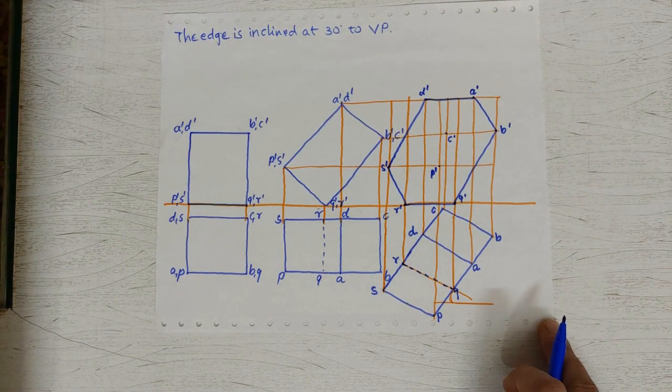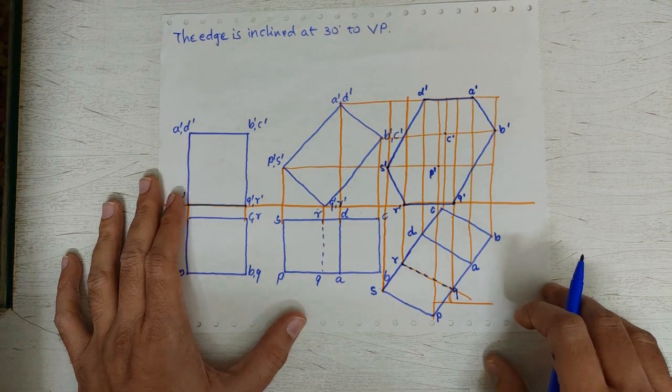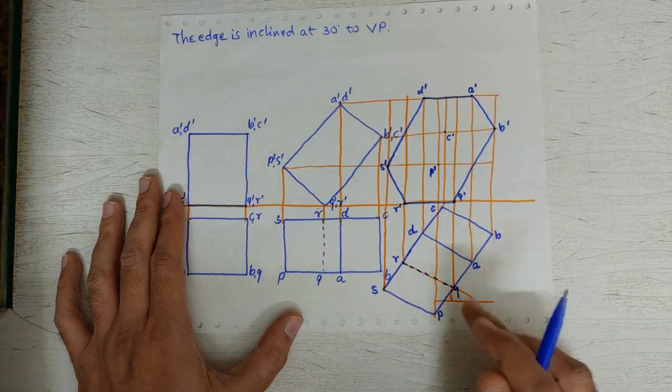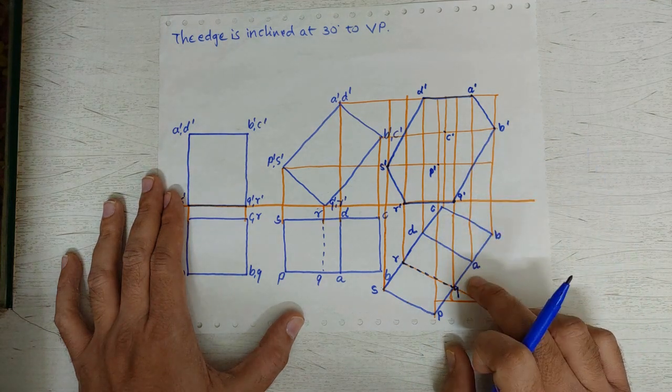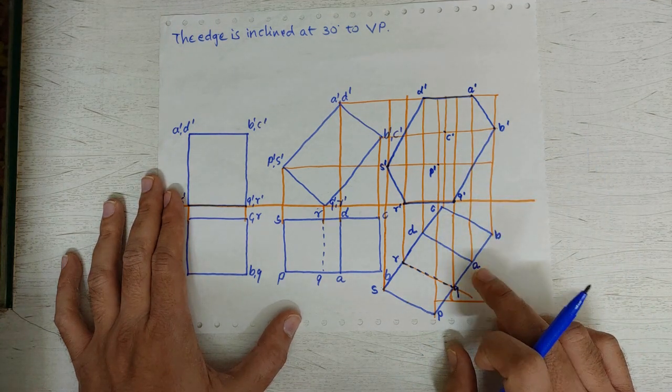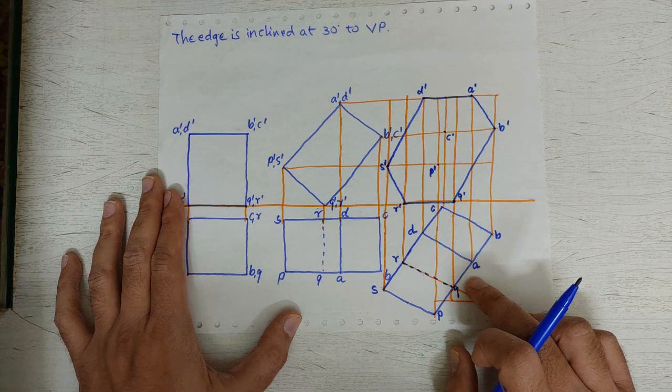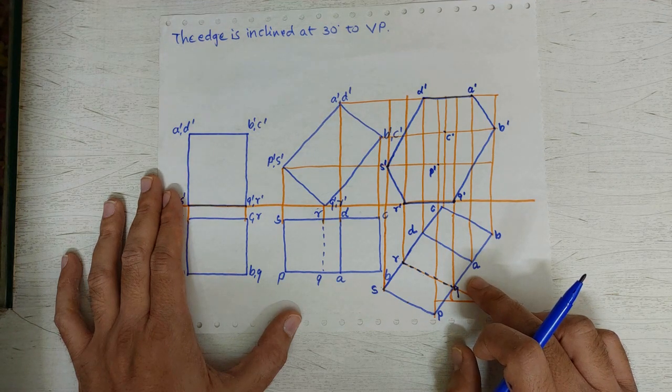Okay, now next what we need to see is the second clue. In this view, as we are obtaining this front view from this top view, we will see in this top view which is the nearest point to xy.